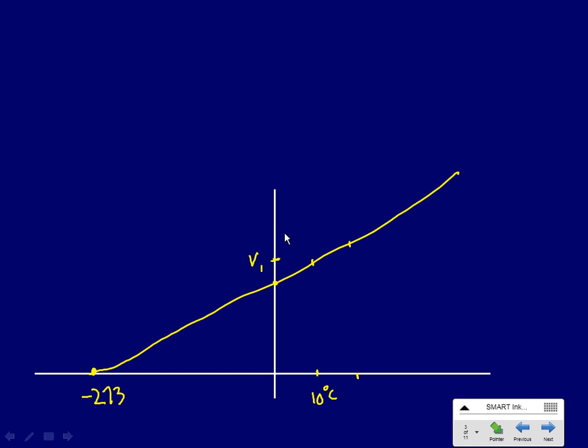So now I'm up to here. Now I'm over here. I'm at V2. If I double my Celsius degrees, notice I'm not even close to doubling the volume. Double the volume would have to be up here somewhere. And so it's not a linear direct relationship with Celsius temperature. It's a linear direct relationship with Kelvin temperature. And that's why we have to start with Kelvin in our numbers when we do these calculations.